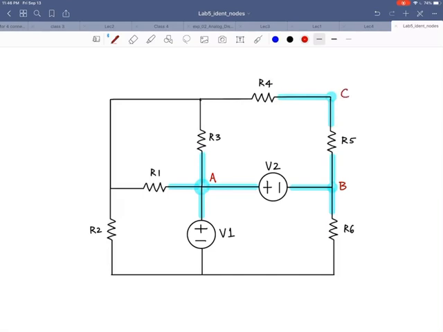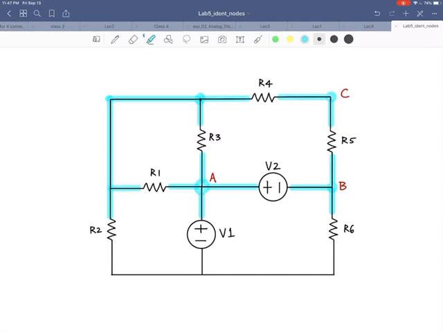R4, R5, turns out they are two resistors that are in series. The next node can be drawn over here, and this actually extends quite a bit. So this node is going to be all the way over here, all the way to R3, and because this is a perfect conductor in a wire, it is going to go all the way over here as well as over there.